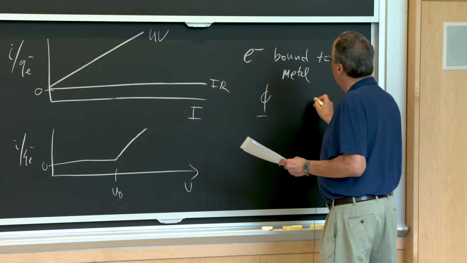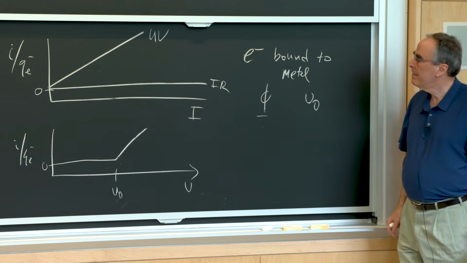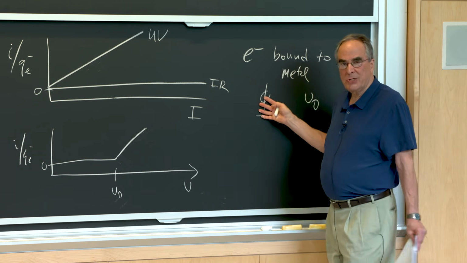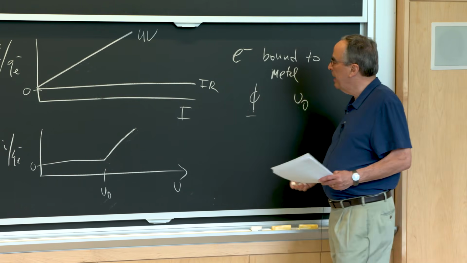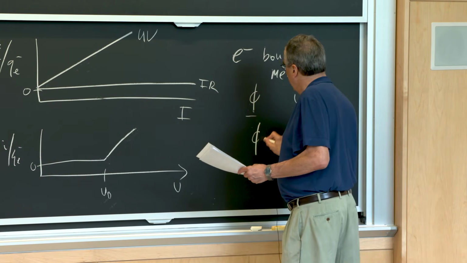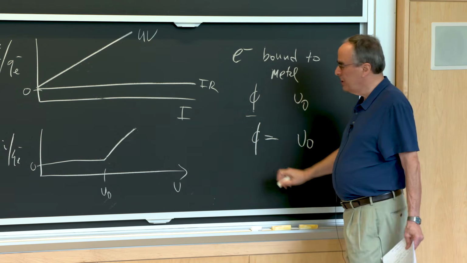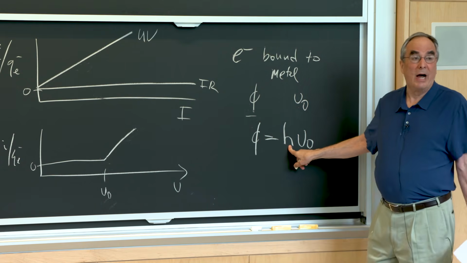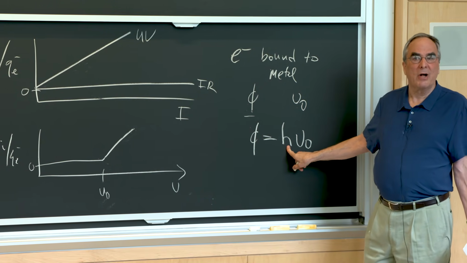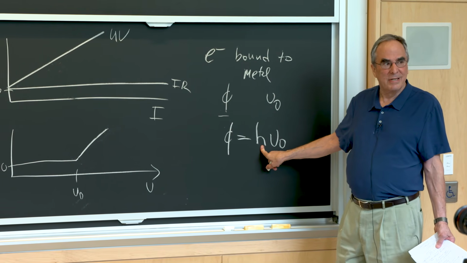And this is somehow related to nu-0. So this is an energy, and this is a frequency. And so we expect that there is some relationship between nu-0 and this energy, and there is some proportionality constant, which I can call anything I want, but I'm going to call it h, because it's going to become Planck's constant.